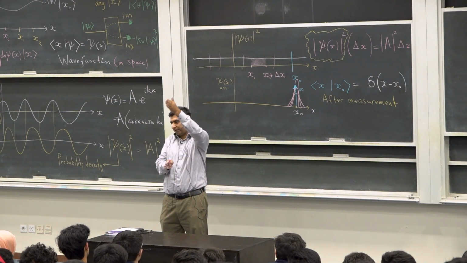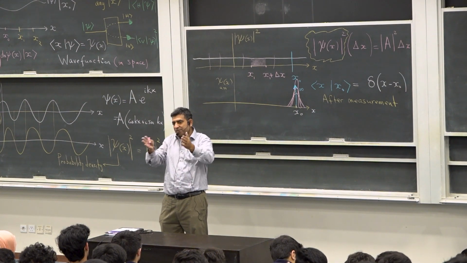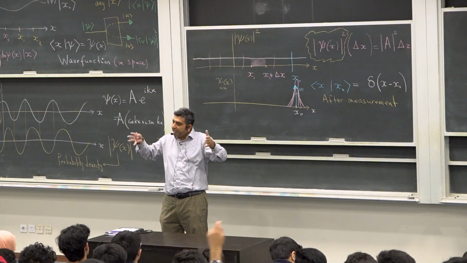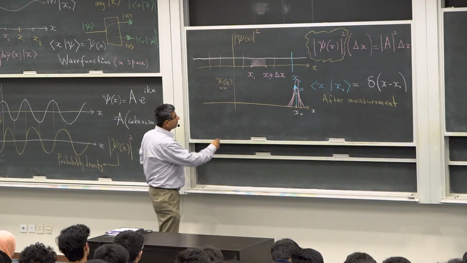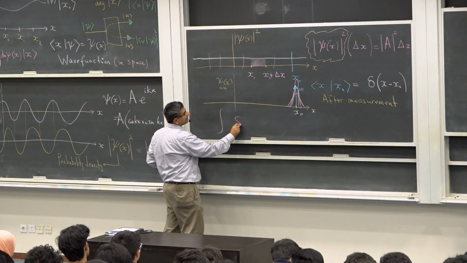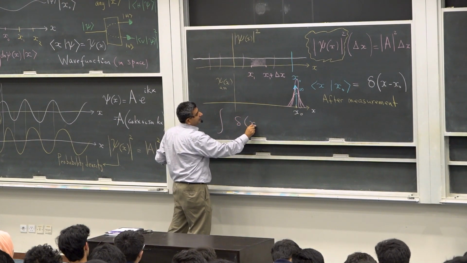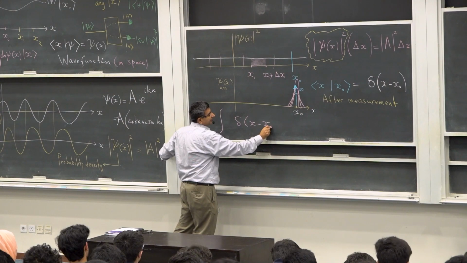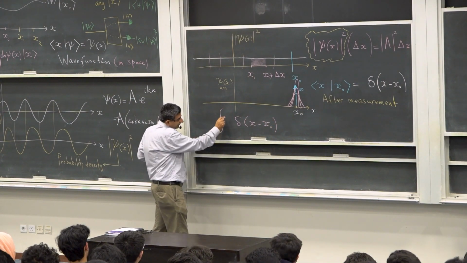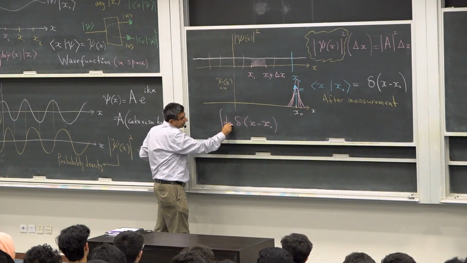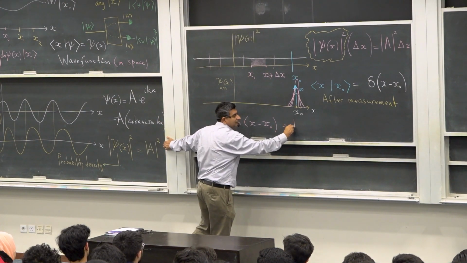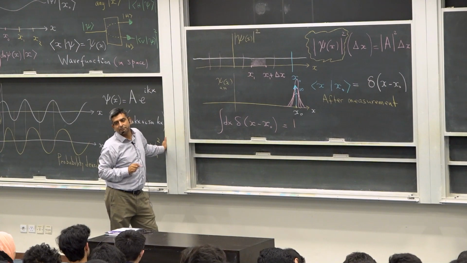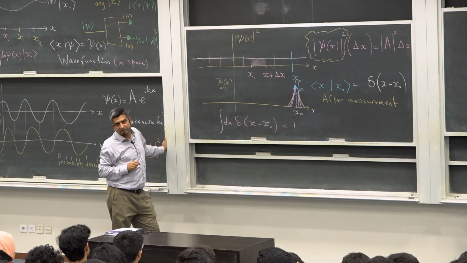Okay, there's no other choice. So when it does that, that's called a Dirac delta function. The area under this Dirac delta function is still 1. So if I were to take the integral, area under a curve is represented by integrals, if I were to take the area under this curve, this is going to be 1. So this is a property of the Dirac delta function.